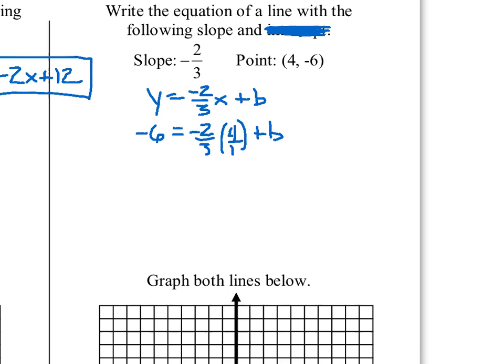Now as I do the multiplication, I'm going to get negative 6 is equal to negative 8 over 3. Oh, no, not x. X is gone. We replaced it. Plus b. And so what do I need to do to solve for b here?